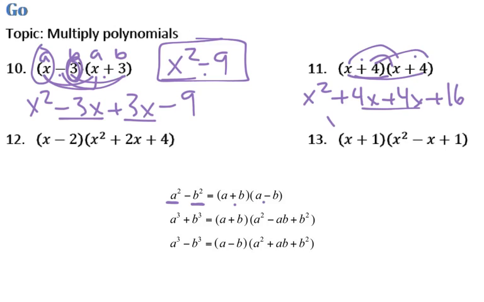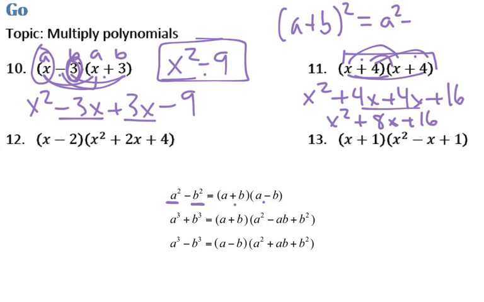So you end up with x squared plus 8x plus 16. This is what you call a perfect square trinomial, because x plus 4 squared is the same as this. Actually, if I traded it to a plus b the way they did it, you'd end up with a squared plus 2 times a times b plus b squared.